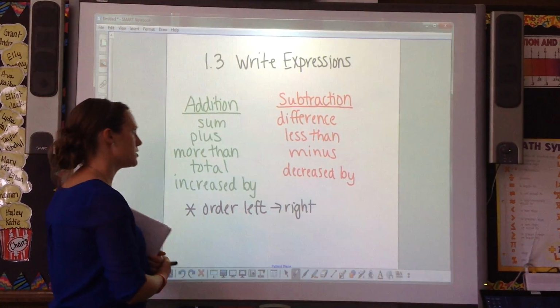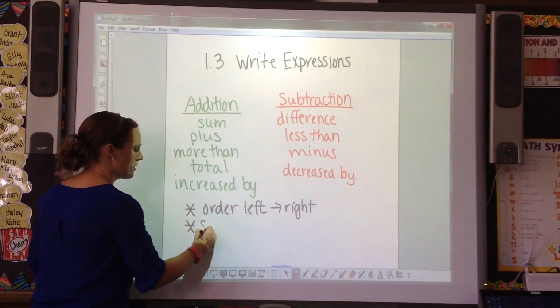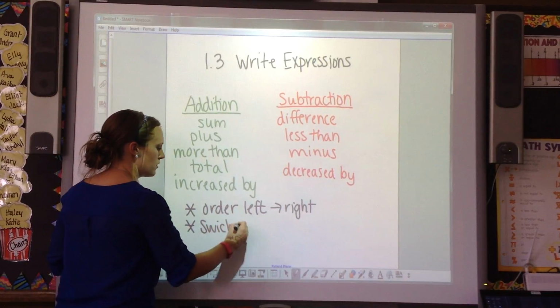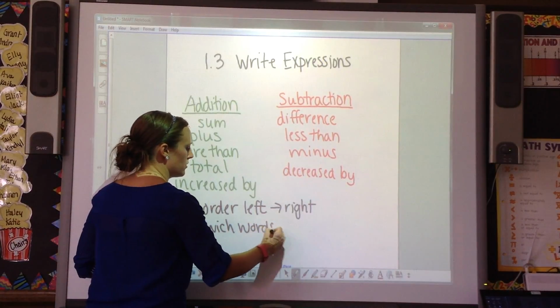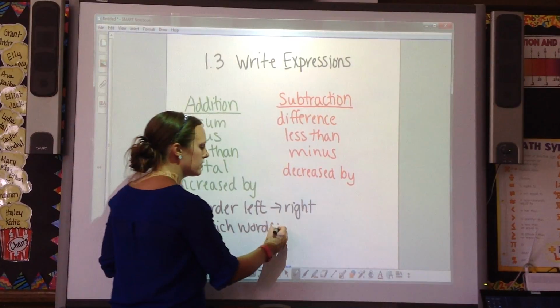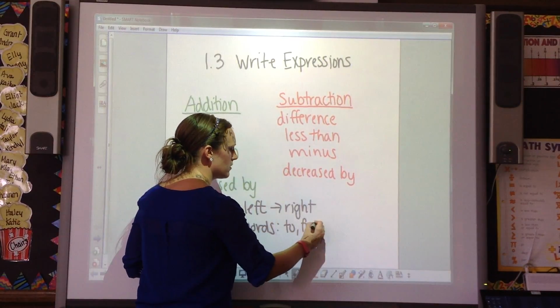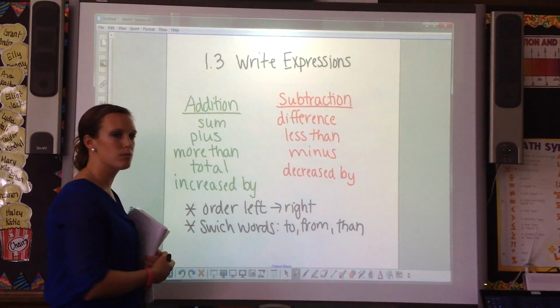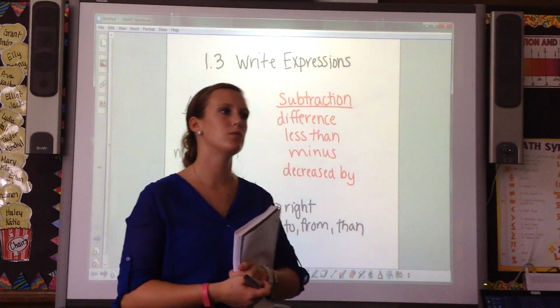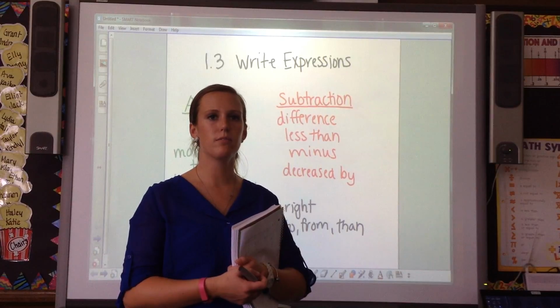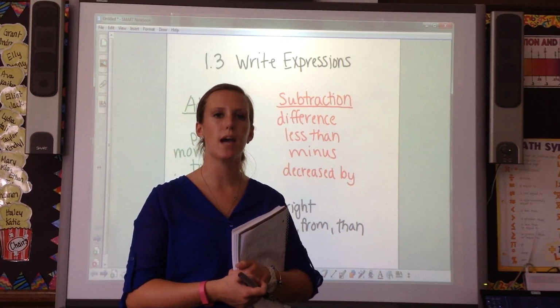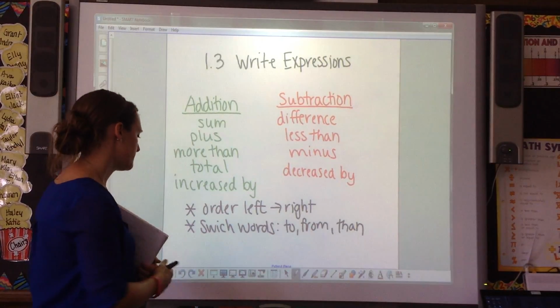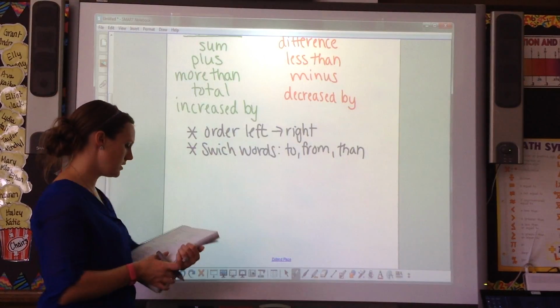There are 3 switch words for addition and subtraction: to, from, and than. When you see those 3 words, you're going to switch the order. For example, if you have x more than 5, instead of x plus 5, it's going to be the opposite, 5 plus x.